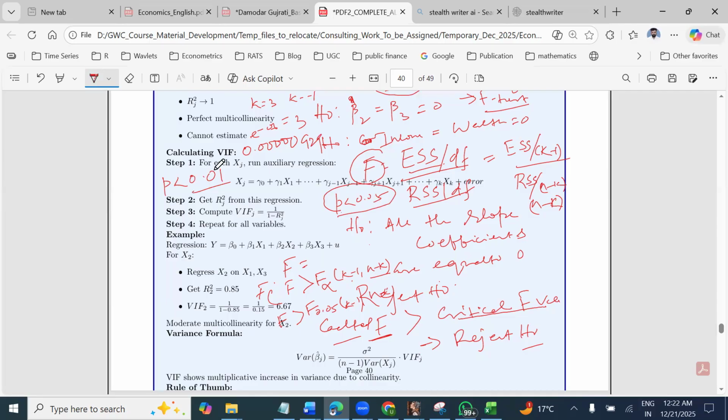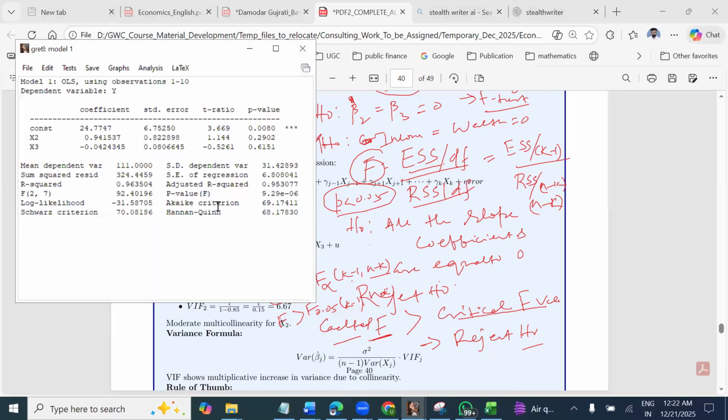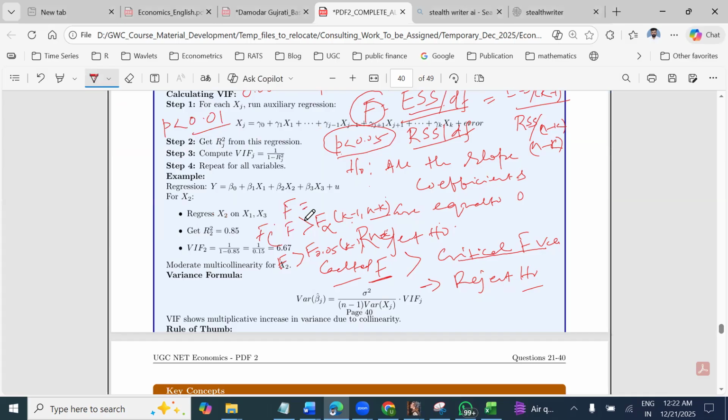Let me complete, then I will take your question. So the p value we got is less than 0.05 and also less than 0.01. Our rejection rule is, if our calculated F is greater than the critical F, then we reject our null hypothesis, which says the regression is not statistically significant, or all the slope coefficients are equal to 0.